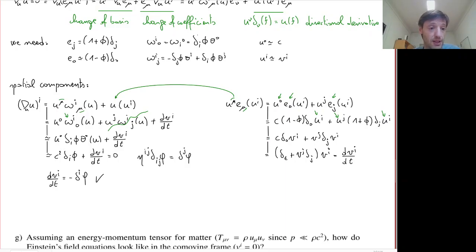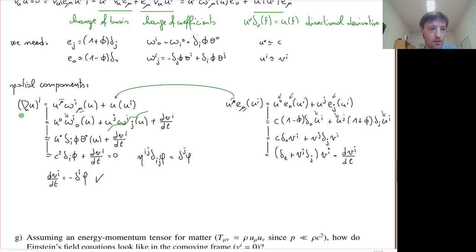We're basically done, because this is swallowed together with the zeroth component that gives us a factor of c up here. This gives us a factor of c, this is c, and together they give us c to the power of 2. Basically, we are done.